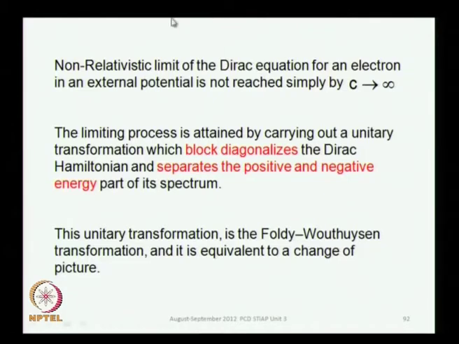And you will see that you can think of the non-relativistic limit, and what you exploit is the diagonal structure over here of the Dirac matrices, and essentially you carry out a unitary transformation which is known as the Foldy-Wouthuysen transformation, and then it leads to a different representation of the Dirac equation, which is sometimes called a different picture, because you see things in a different way.